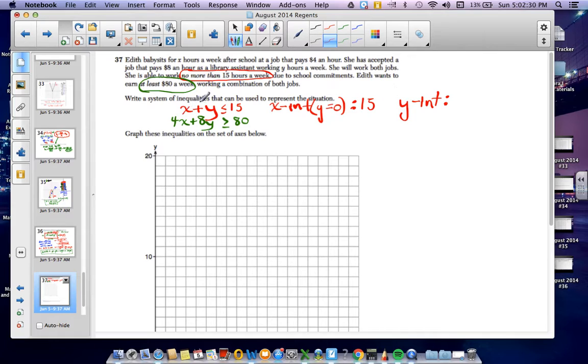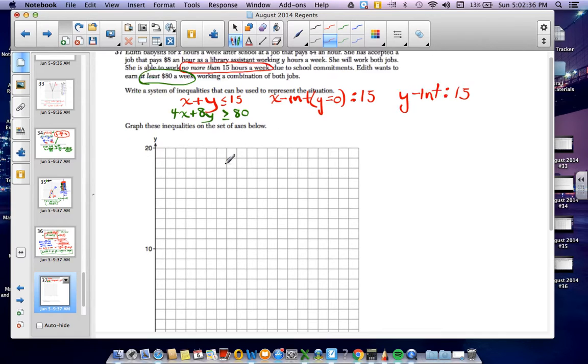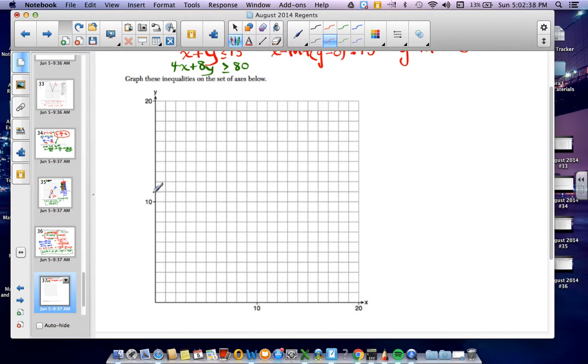Cross out the x. It's going to say y is less than or equal to 15. So the y-intercept is at 15. So if we go over to our graph, we're going to plot 11, 12, 13, 14, 15. And 11, 12, 13, 14, 15.